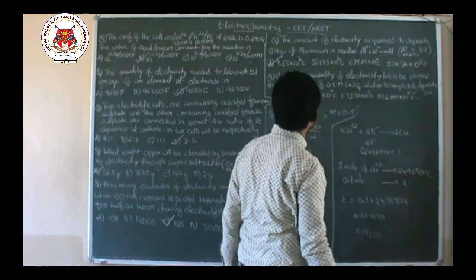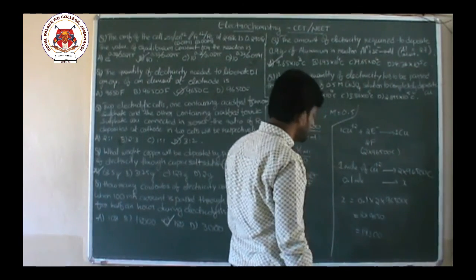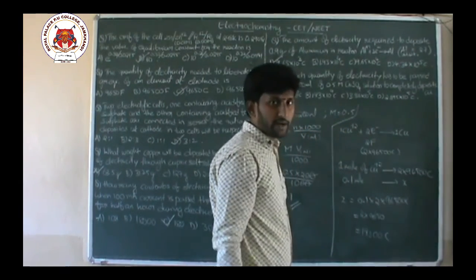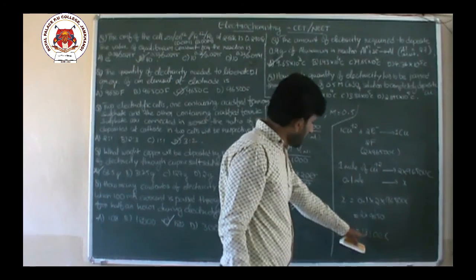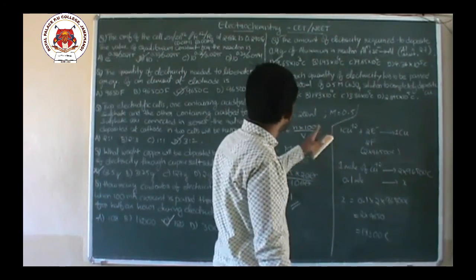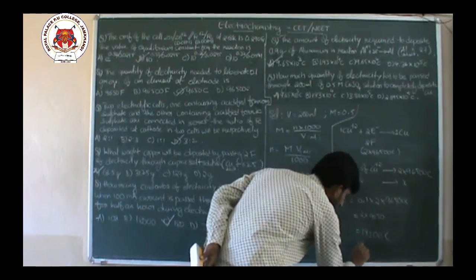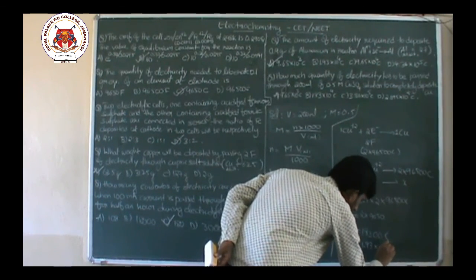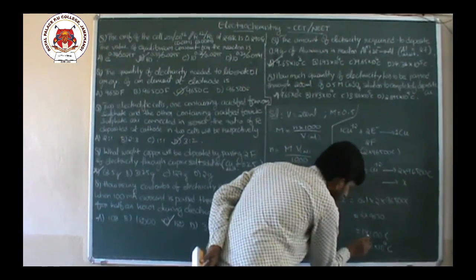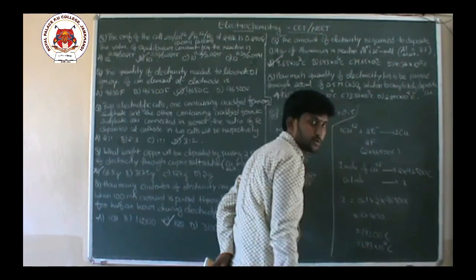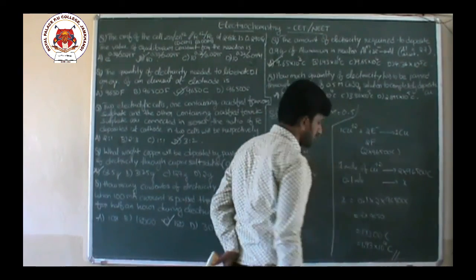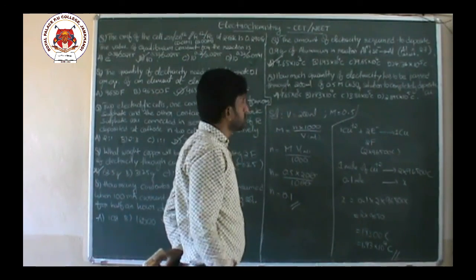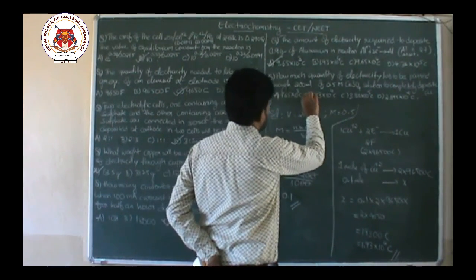So 19300 coulombs of current is required. 19300 can be written as 1.93 into 10 raised to 4 coulombs, because 1 2 3 4, so 10 raised to 4 coulombs. So what is the answer for this now? 1.93 into 10 raised to 4 coulombs. That is the answer. Okay.